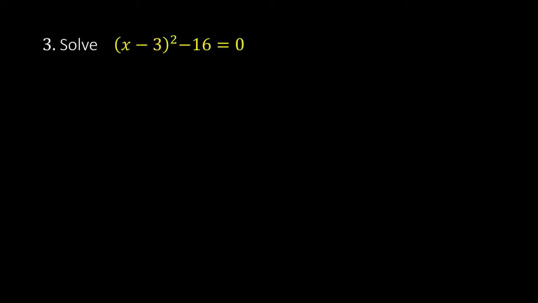Example number 3. Solve (x minus 3) squared minus 16 is equal to 0. This is also a difference of two squares. We can extract the square root of the first term and then we can extract the square root of the second term.